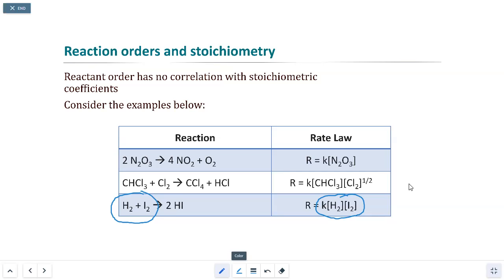But for the most part, what we need to notice is there's no relationship between the order of reaction and the stoichiometry of that reaction. So we can kind of put that one away. We have to find our reaction orders experimentally, not by the chemical equation.